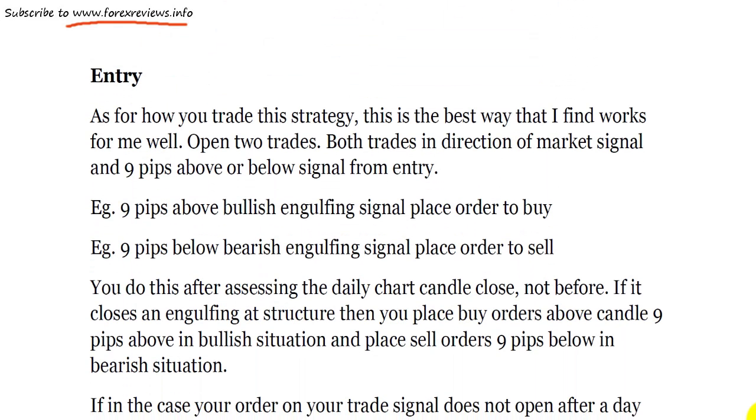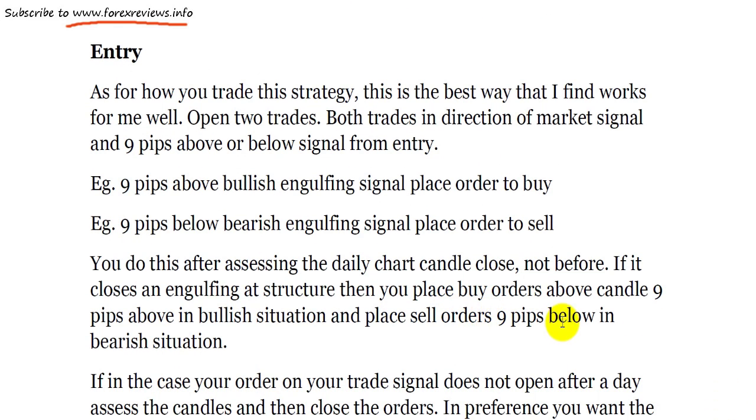Entry, right? As for how you trade this strategy, what I recommend is entering around 9 pips above the signal if it's a buy trade, and entering about 9 pips below the signal if it's a sell trade. Now, when I'm referring to this 9 pip rule, I'm talking about the daily charts, right?